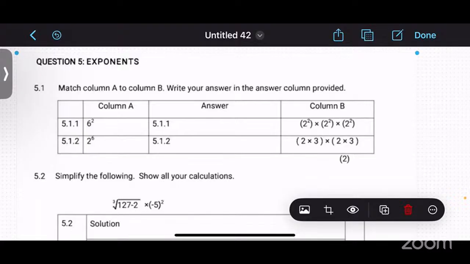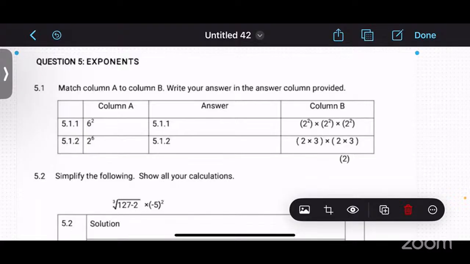And the first task that you need to complete, the same, match column A to column B. Write your answer in the column provided, right? And then we have 5.1.1. We have 6 to the power of 2.